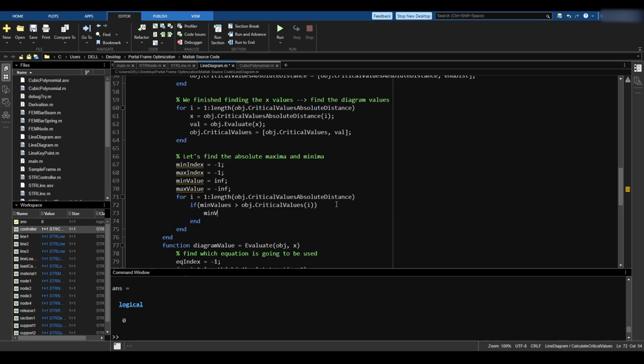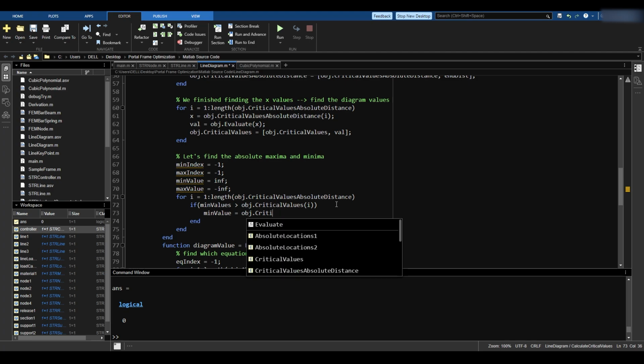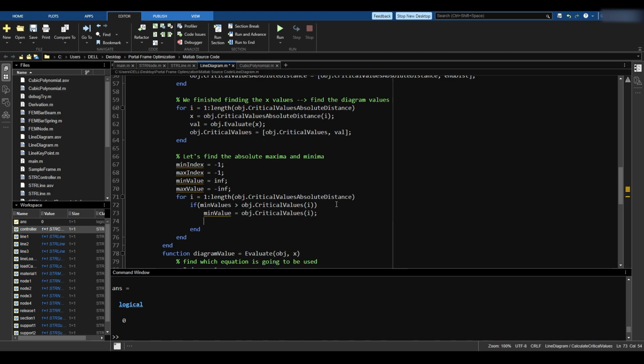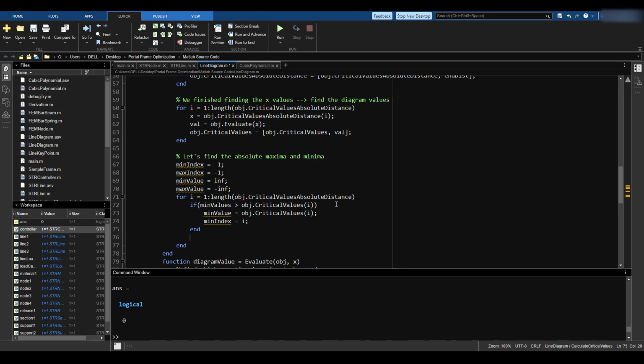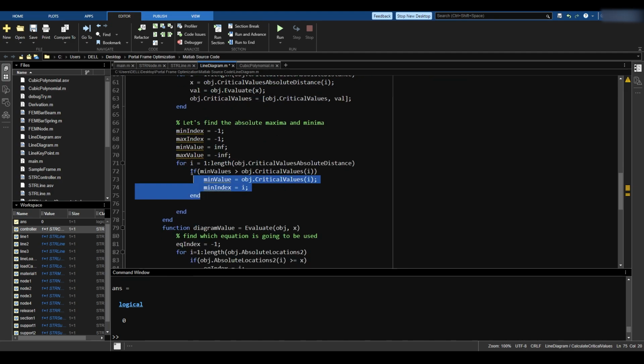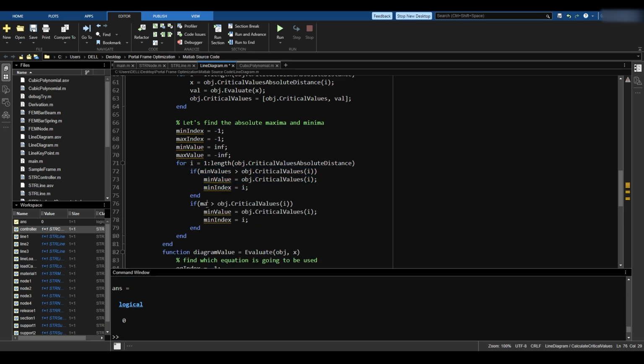We replace by saying minimum value equals the new minimum value, and the index equals I. Another question here for the max value. So here we do the same thing, paste, but this time it's called max value. And this is going to be called max index. And in that case, if the maximum value is less than what we have, then use what we have. Okay. Oh, this is min value. Fine. Okay. So now, yes, we finished this, right?